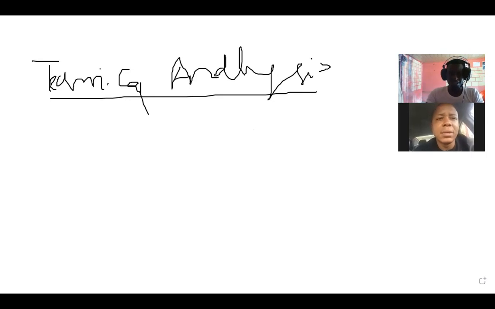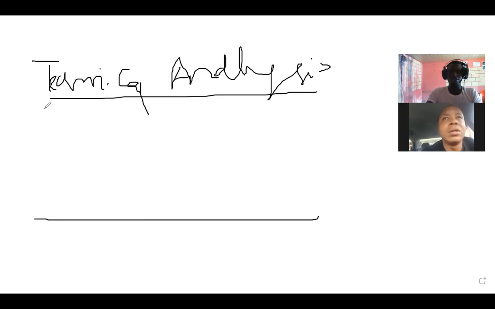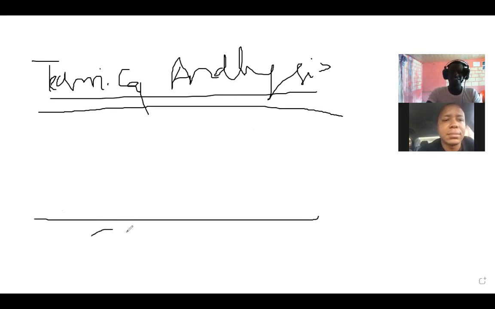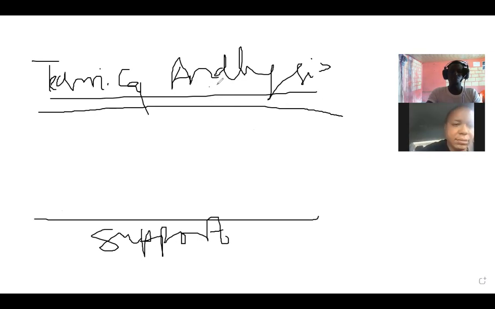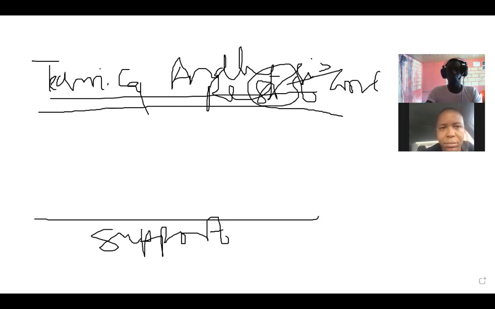Okay, let me do some sketch. This is how we have the market. The line below here, we'll see it as a support zone, and the line above here, the upper part of our chart, is normally our resistance zone.